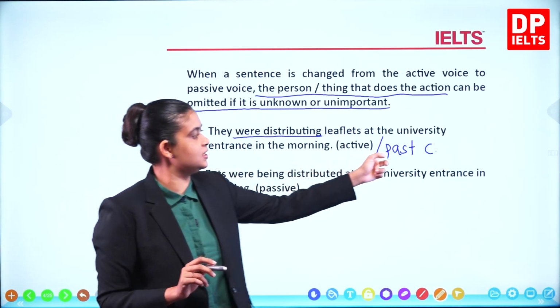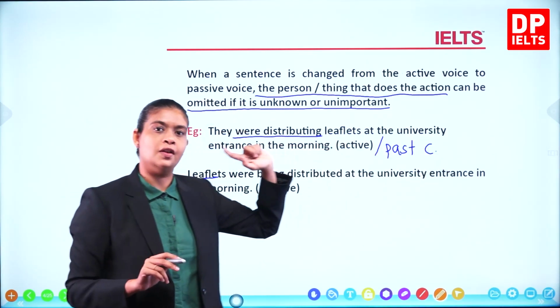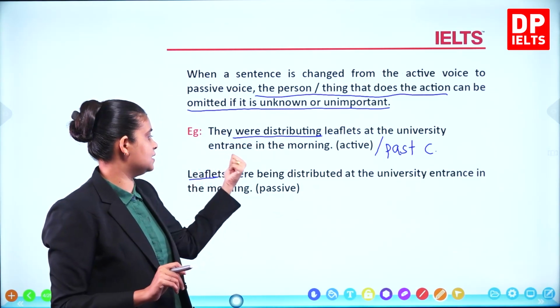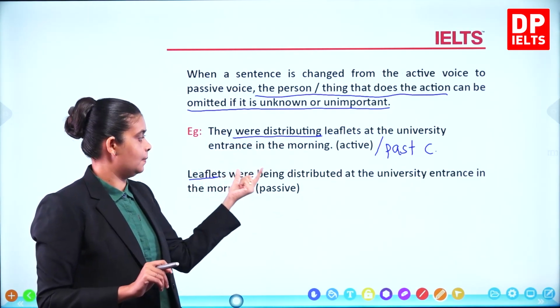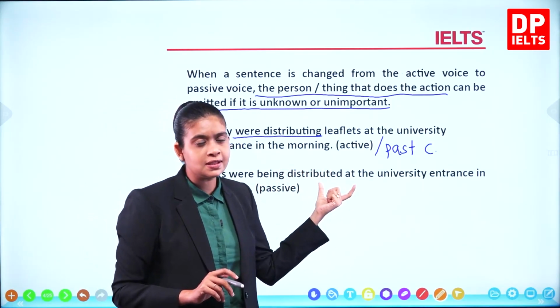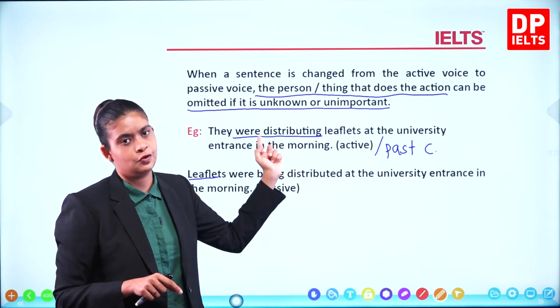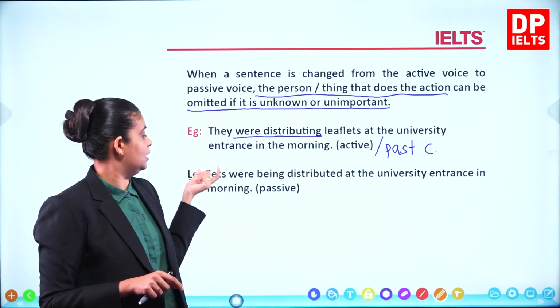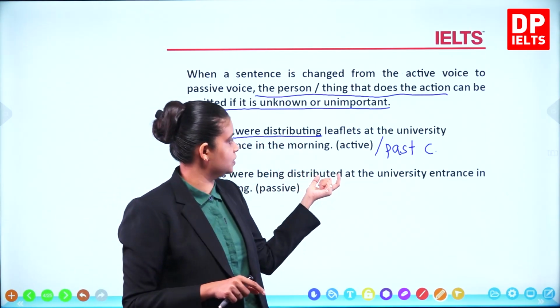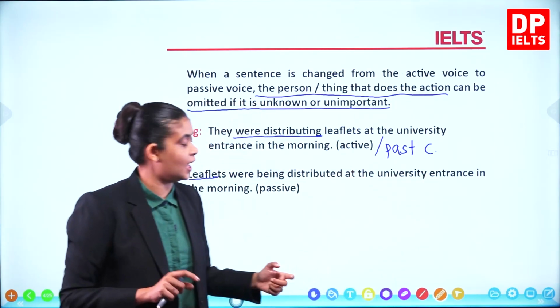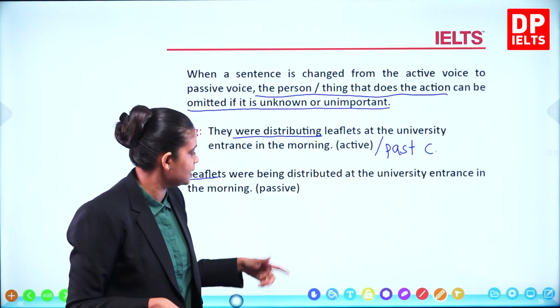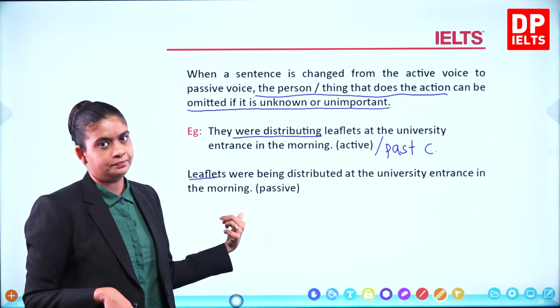Leaflets, because it is the past continuous, the be verb, leaflets is plural, so were, plus being, plus the past participle of the main verb. So, the main verb is distribute. Leaflets were being distributed at the university entrance in the morning.